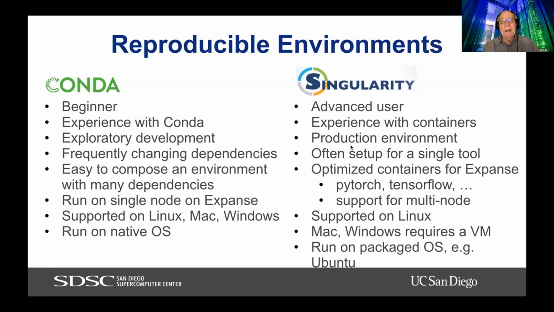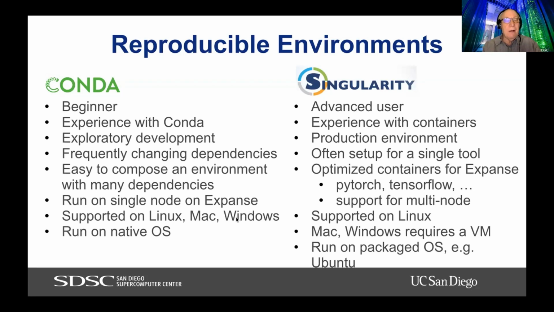On the other hand, Singularity is better used to create a production environment. For example, for Expanse, we have optimized containers to run various machine learning packages such as PyTorch, TensorFlow, and so on. They have been set up so they can run on multiple nodes, and they also take advantage of the high-speed networking available on Expanse. Conda runs only on a single node on Expanse, so if you really want multi-node, Singularity containers are probably better.